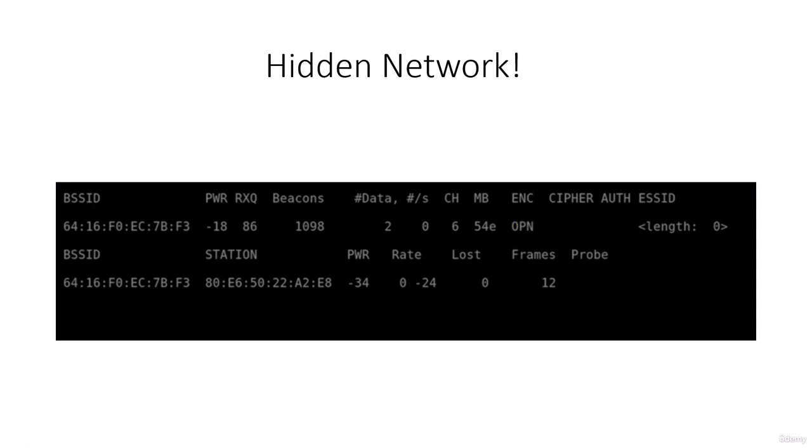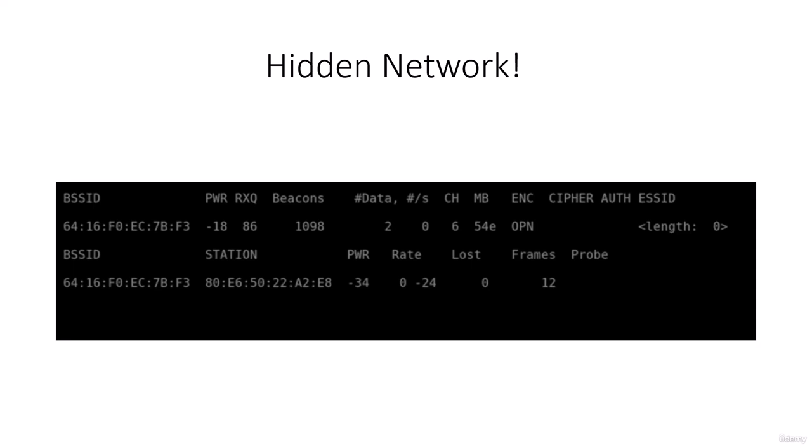But what we can also see is that there is a client connected to the network right here, because as we said in the second lecture, airodump-ng shows us the connected devices. So there is a device connected to this network, and the device has a MAC address.